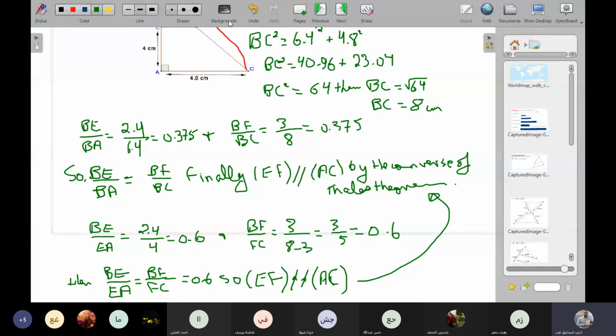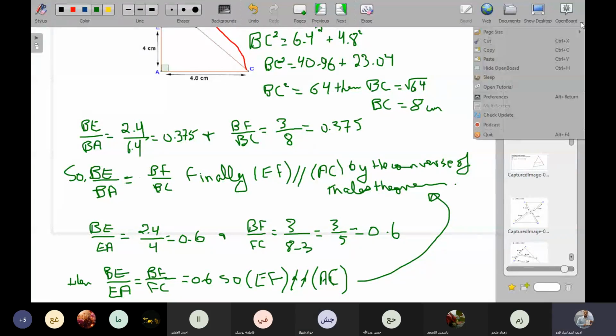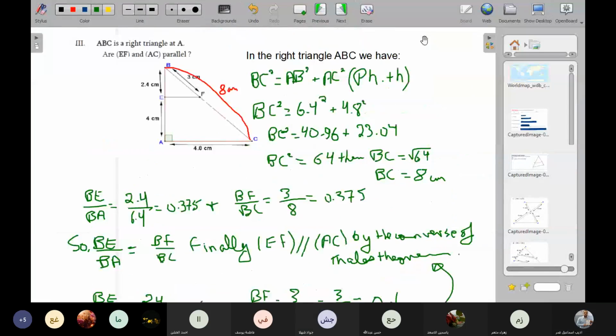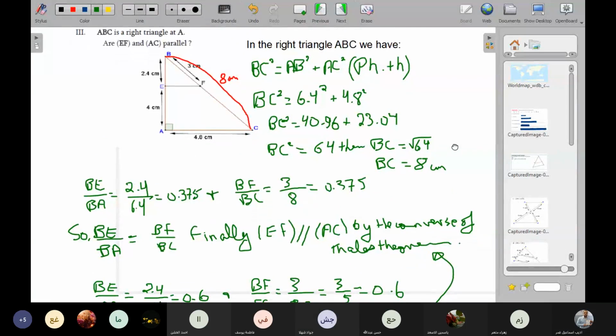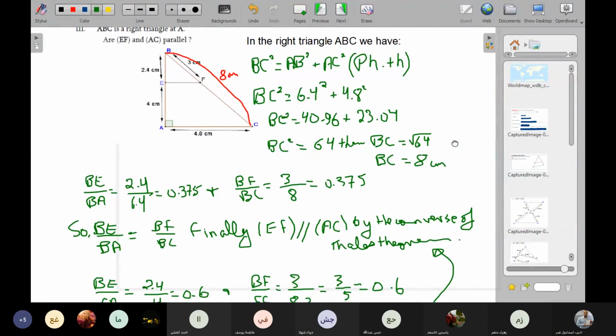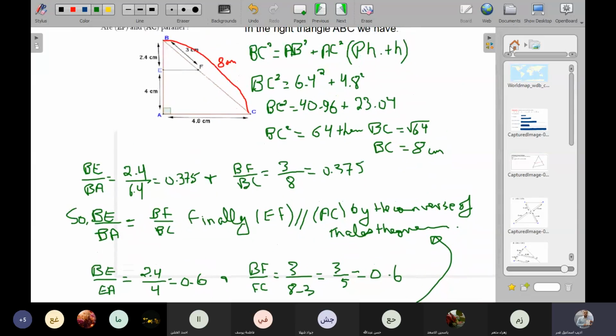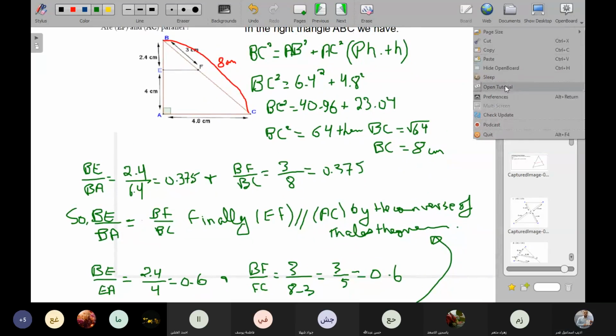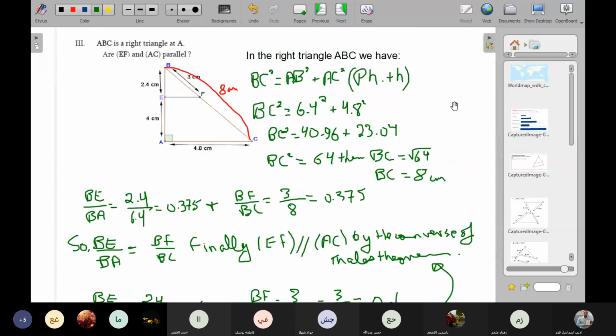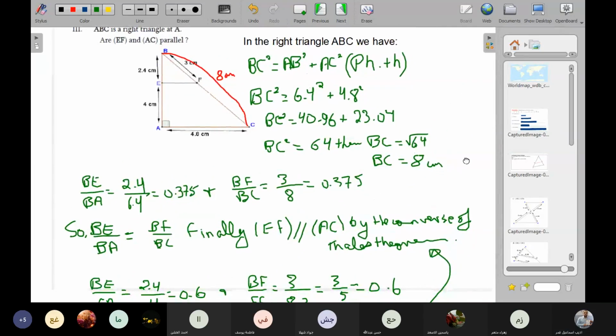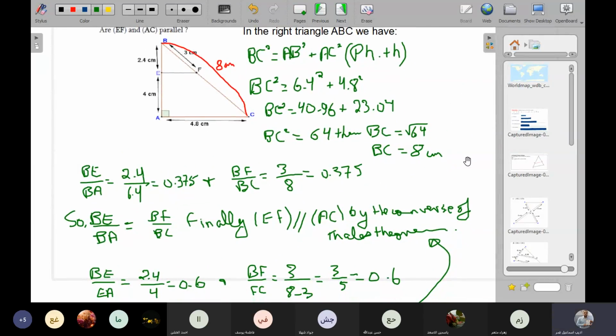I will try to zoom the picture. Wait a minute. Okay, is this good? No. Okay.